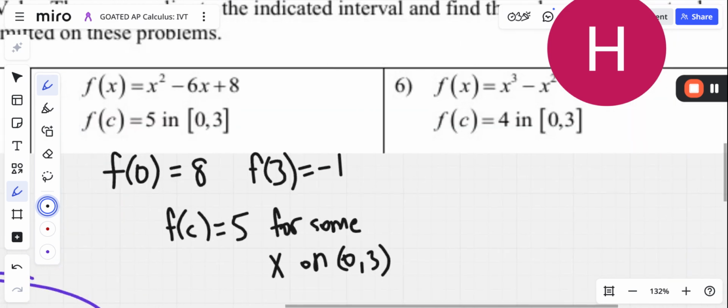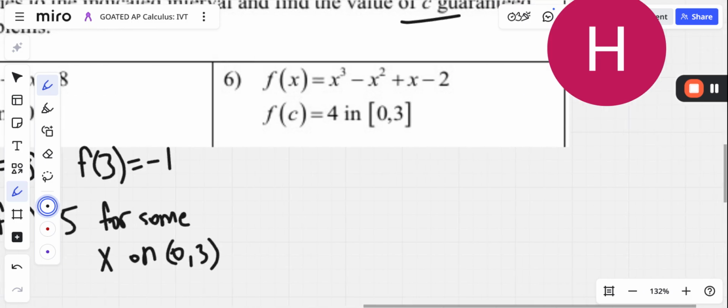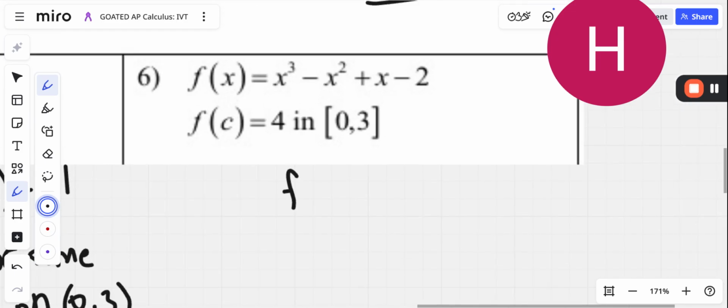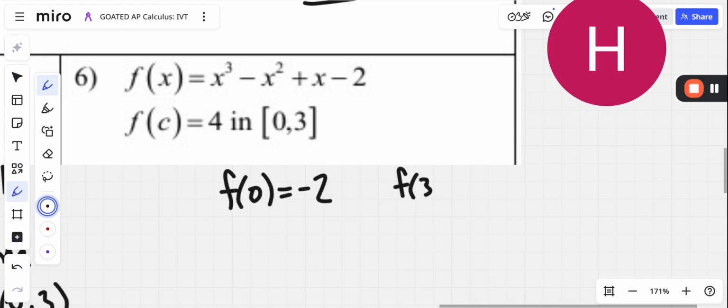All right, last one here. Interesting deal. They give us a cubic function. This one might be a little bit tougher to solve. Let's find the values at the endpoints. We're going to have -2, of course, if you plug in a 0. It's pretty easy. But then if you plug in a 3, you're going to get 3 cubed minus 3 squared.